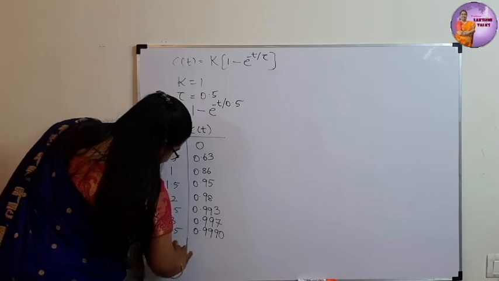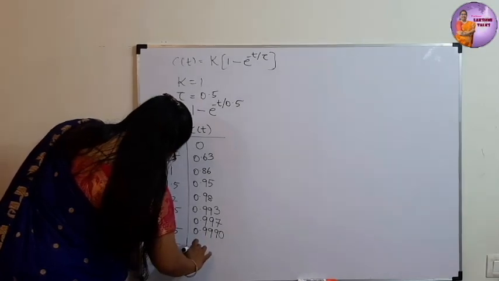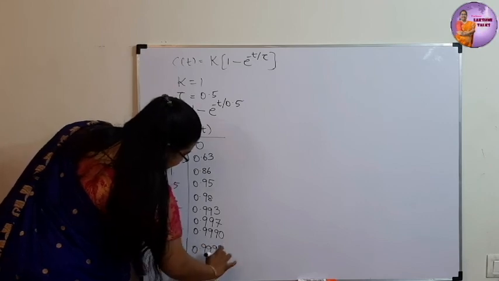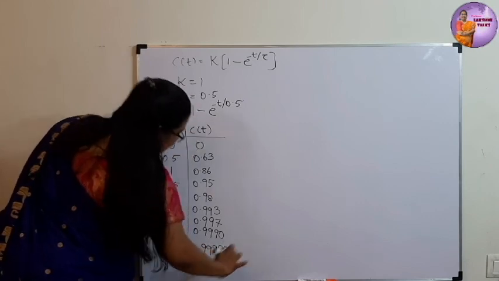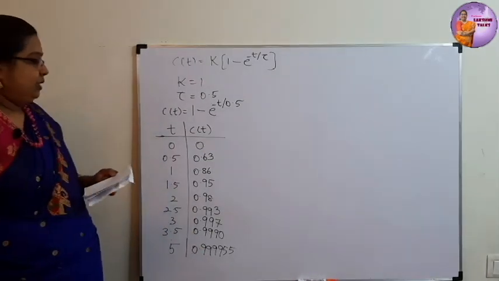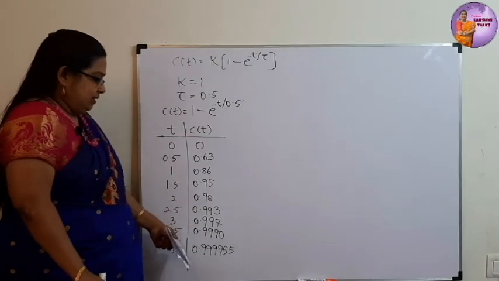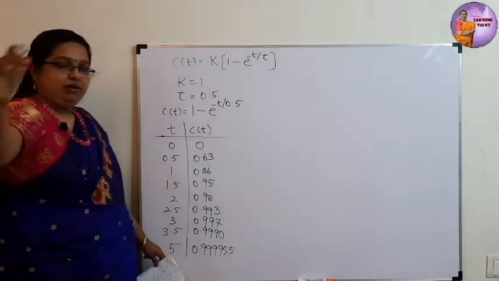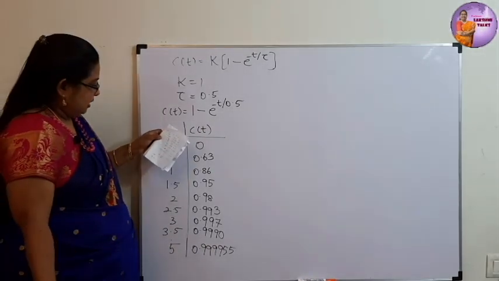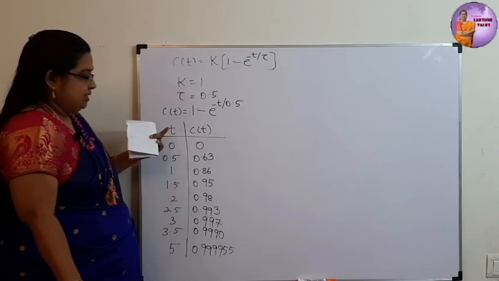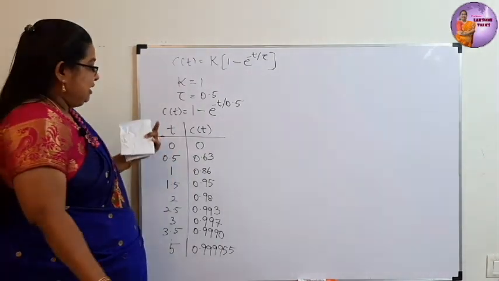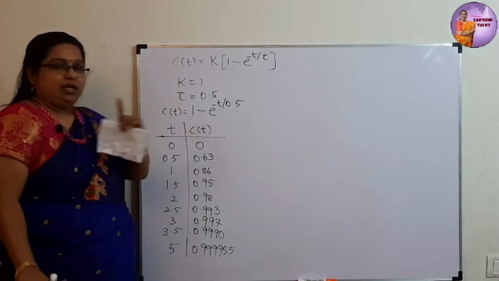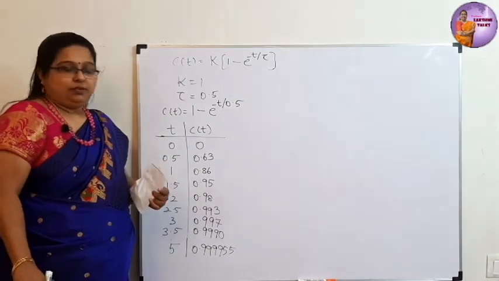And if we go on like this, for 5 I am getting 0.99995. So finally we can see that it approaches 1. If we go beyond a certain value, for instance take t is equal to infinity, at t is equal to infinity what happens? It becomes 1.